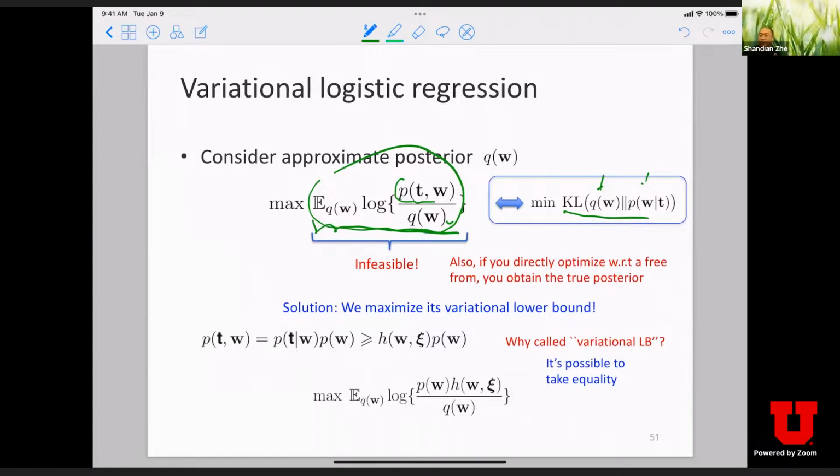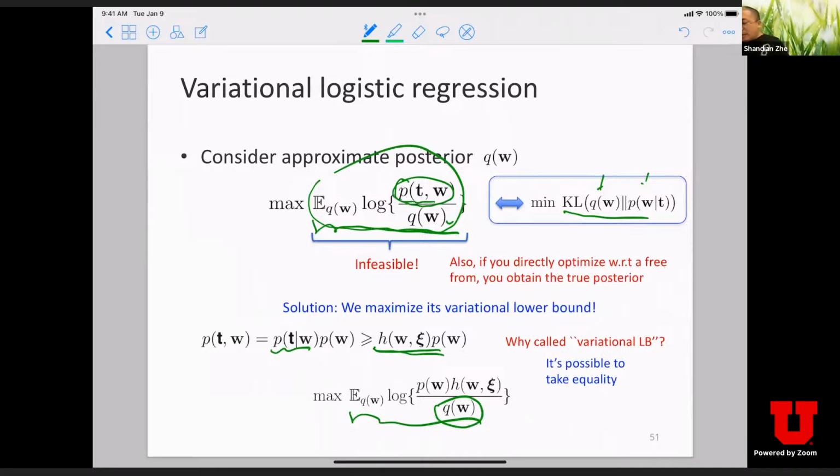How can we do that? Our idea is to introduce a lower bound of my likelihood, so I construct a lower bound of the joint probability. Now I replace my joint probability in the evidence lower bound by this lower bound of the joint probability, and then I maximize the new lower bound with respect to the approximate posterior distribution Q of W.